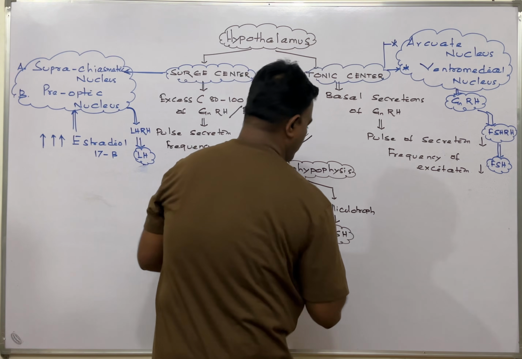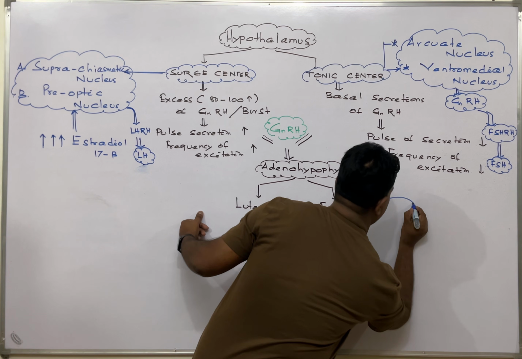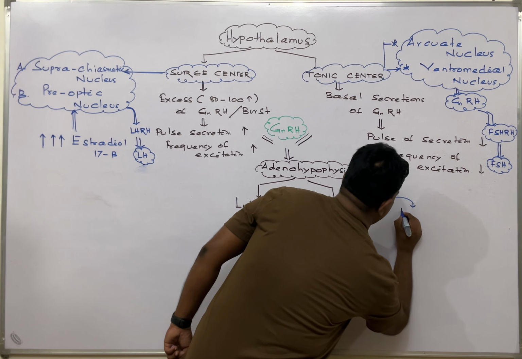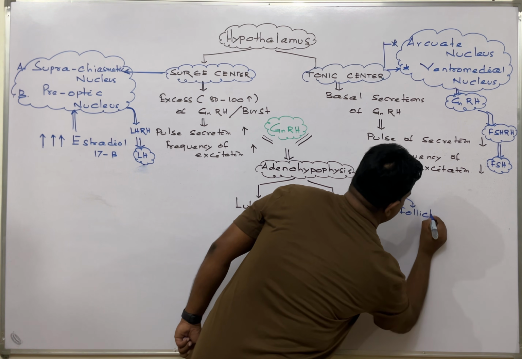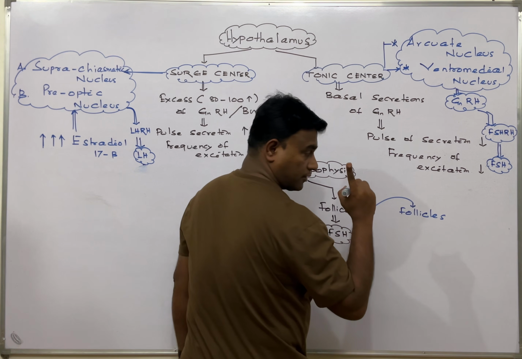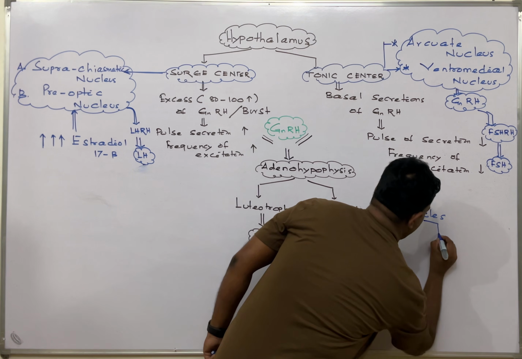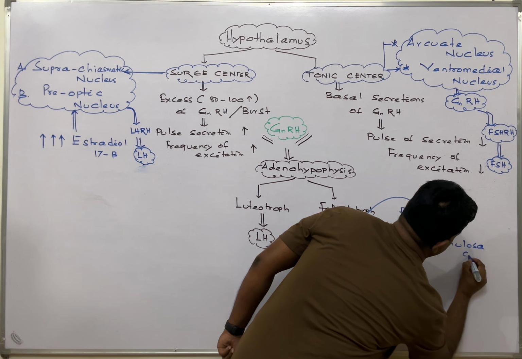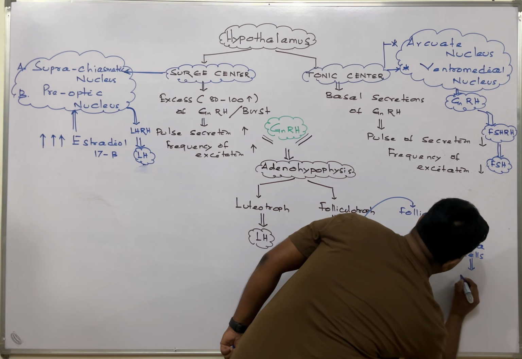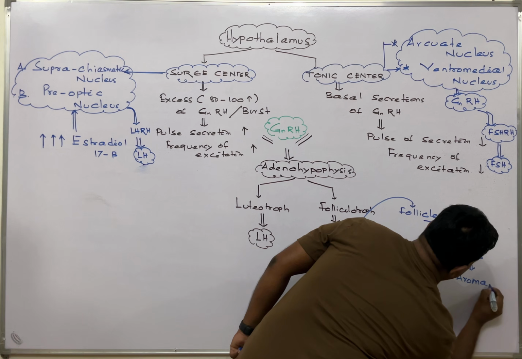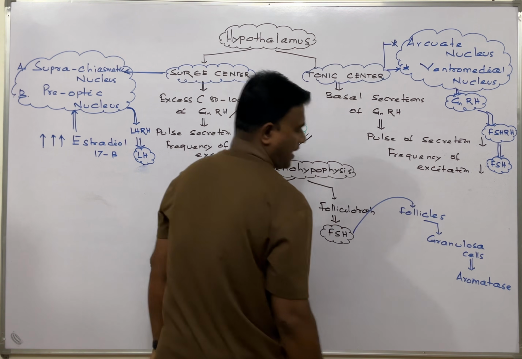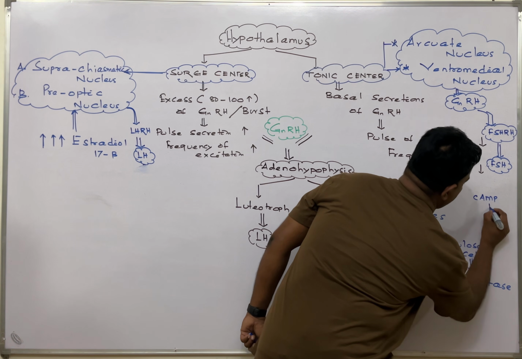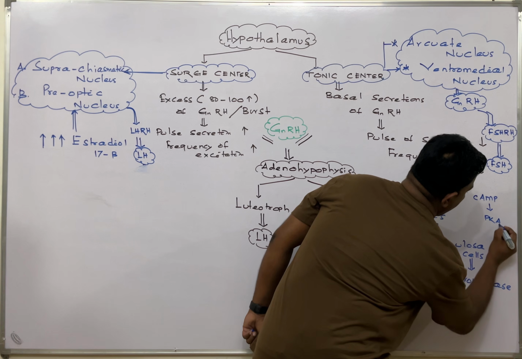Now let's continue. This FSH, what you are seeing, I can draw a diagram like this. This FSH acts on the follicles, and in the follicles, point to be noted, it mostly acts on the granulosa cells where it tries to increase the expression of the enzyme aromatase, which is a cyclic AMP PKA dependent signaling.